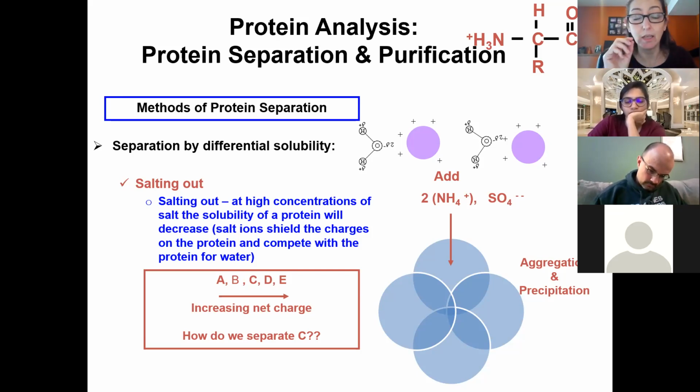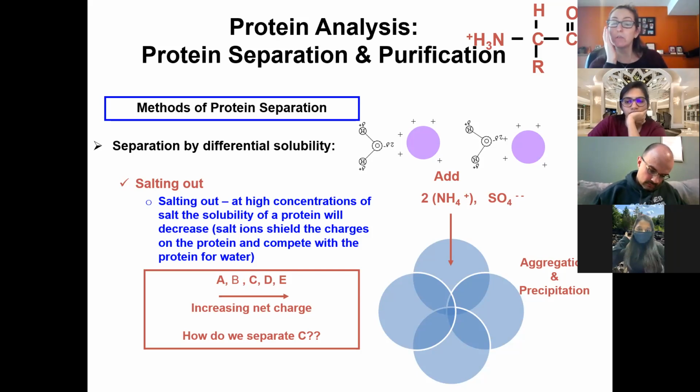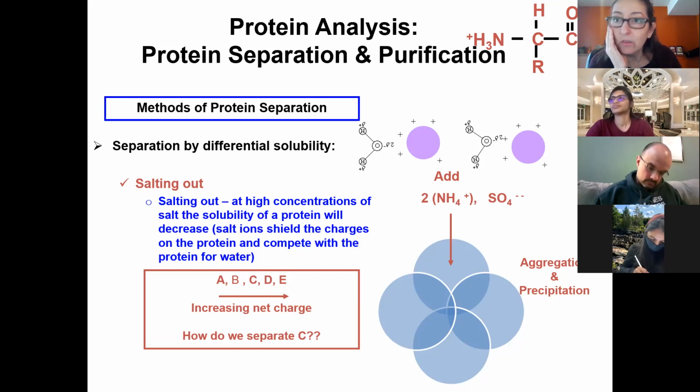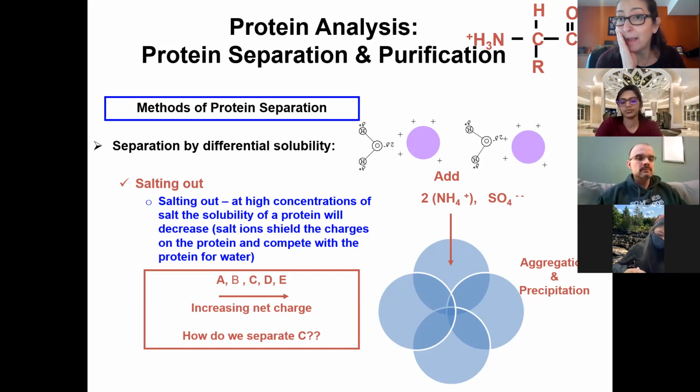Good, it's good thinking. But in order for us to really know what concentration to use and what salt to use, it requires a lot of experimentation and a lot of knowledge about our proteins, their characteristics, their charge, and how they're impacted by pH and by different types of salt.